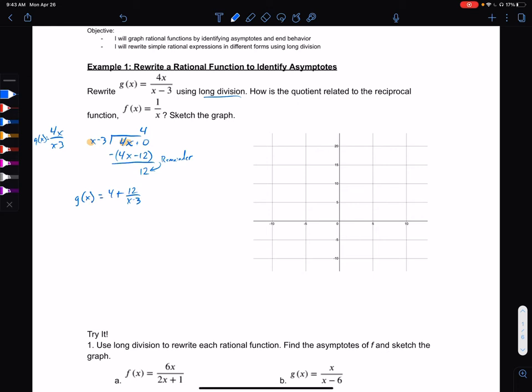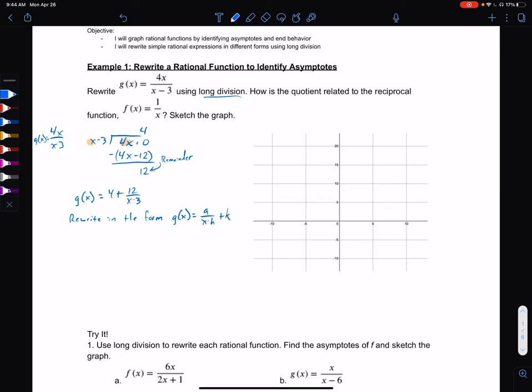Now, does that help us? In the form it's in, maybe that might be a little tricky, might be confusing, but this does help us because we can now rewrite this in a form that'll help us, and that'll be in the form, let's say g of x, we'll stick with g of x equals a over x minus h plus k.